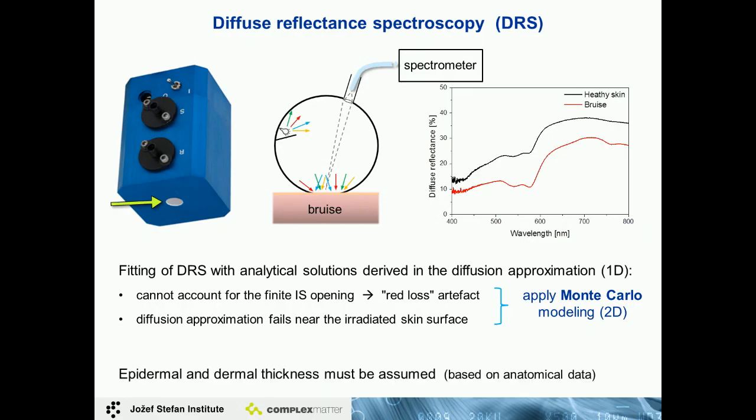But there is another fundamental issue that we cannot avoid even by doing the Monte Carlo, and this is that DRS is fine as long as you have a homogeneous bulk tissue, right? But in a layered tissue, everything is lumped together. On one hand, the depth distribution of your chromophore is going to affect the data, but not to the extent that you could easily assess that in parallel with their contents.